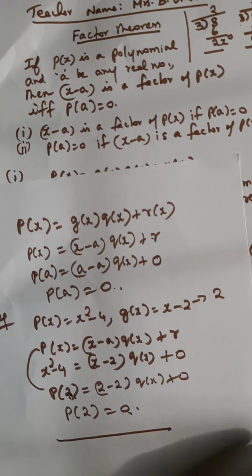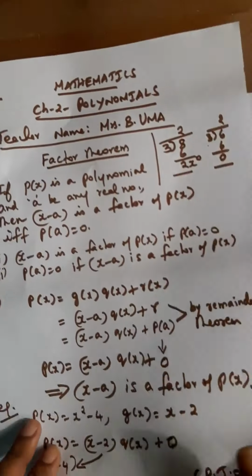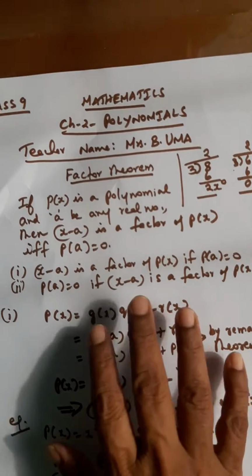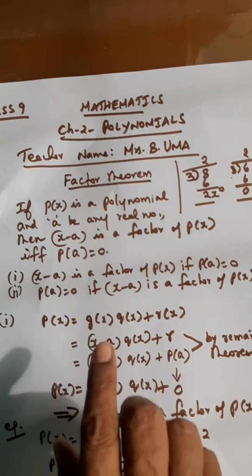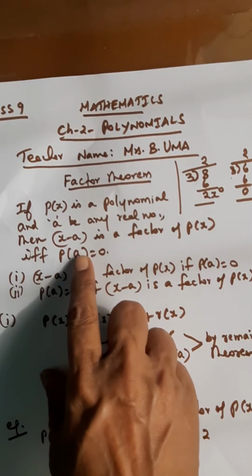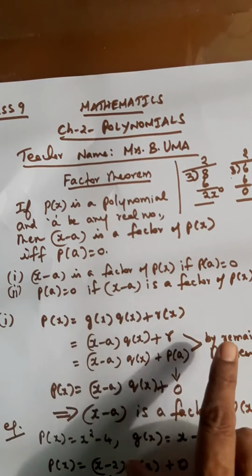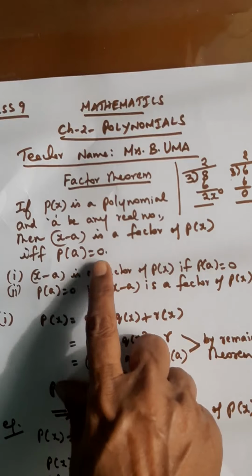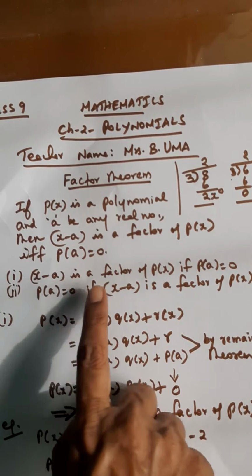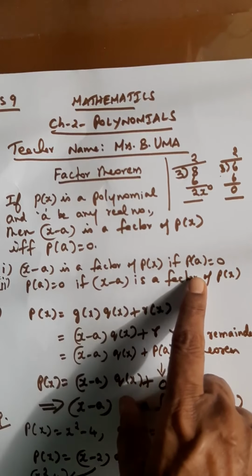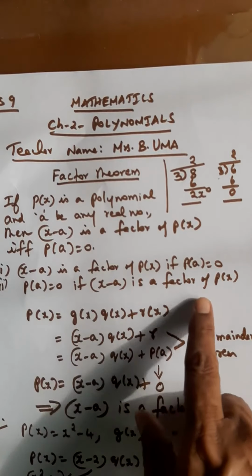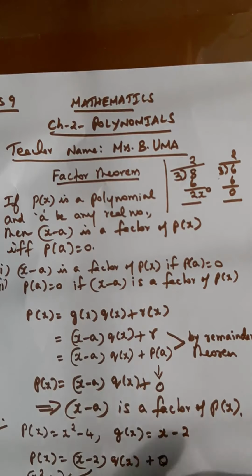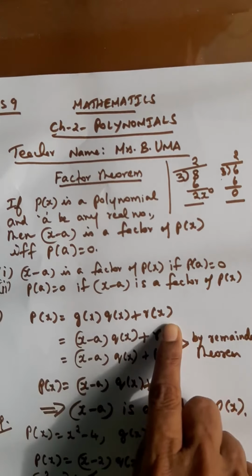Once again, can I recap? The factor theorem says if p of x is a polynomial and a is any real number, then x minus a is a factor of p of x if and only if p of a equals 0. If and only if means x minus a is a factor of p of x if p of a equals 0, and p of a equals 0 if x minus a is a factor of p of x. So I took the division algorithm first.